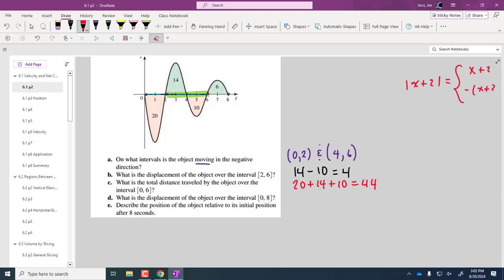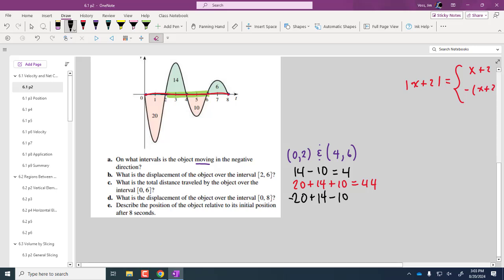Part D, what is the displacement on the interval 0 to 8? So now we're going to go all the way across, 0 to 8. And if we want displacement, it's going to be upper minus lower, and the lower one is going to be negative, so we're going to end up with this kind of equation.